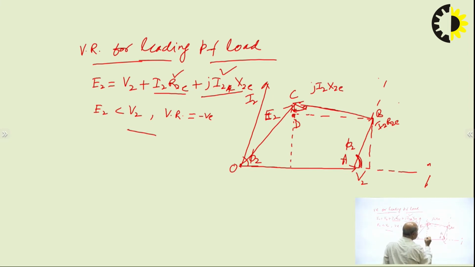This line is perpendicular to this one and this line is perpendicular to this one. Hence this angle will also be phi 2.